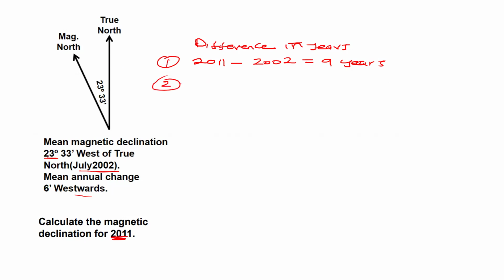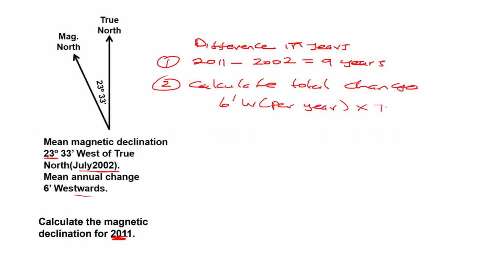And then we can calculate the total change, or the degrees over the amount of years. So you'll say, well, we've got that 6 minutes westward per year. Per year we multiply by 7 years.